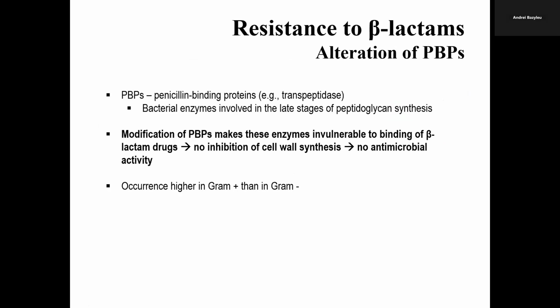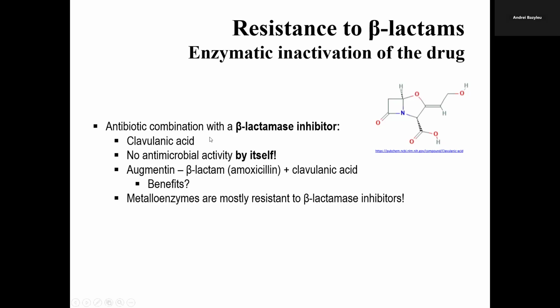So now when you give the antibiotic to the patient, you supply the antibiotic itself as well as a chemical that doesn't have any antimicrobial activity by itself. It's not an antimicrobial of any kind. But what this chemical does is block or inhibit the activity of the bacterial enzymes. A famous example is Augmentin, which is a mixture of the beta-lactam antibiotic amoxicillin and clavulanic acid, clavulanic acid being the beta-lactamase inhibitor.